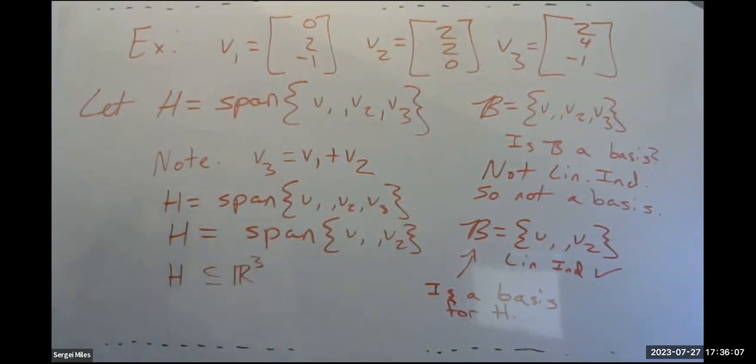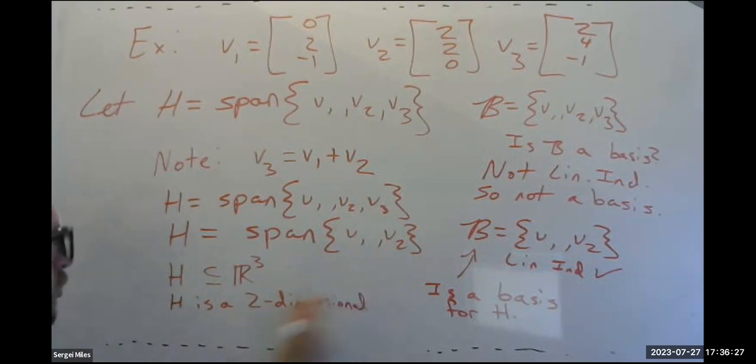Well, remember from last section, just because you're inside of a space does not mean that is the dimension of your subspace. The dimension of your subspace is the number of independent directions you can move in. So H is a two-dimensional subspace of R3.